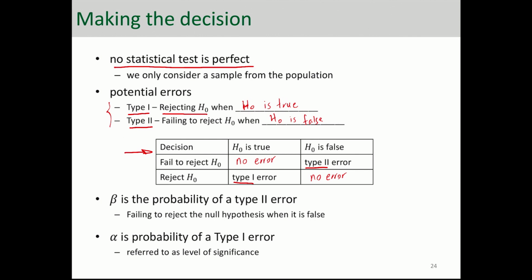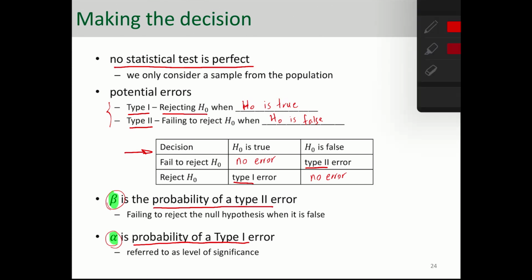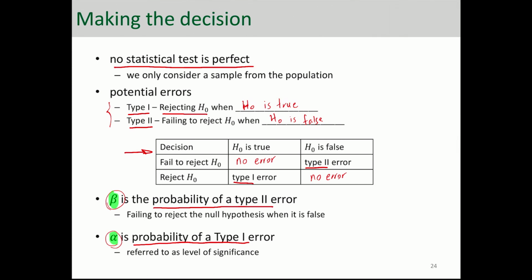But in order to control these two types of errors, we introduce the probability of type 1 error and the probability of type 2 error. And we call them alpha and beta. We're going to refer to these two as alpha and beta a lot, so make sure you remember what they represent.